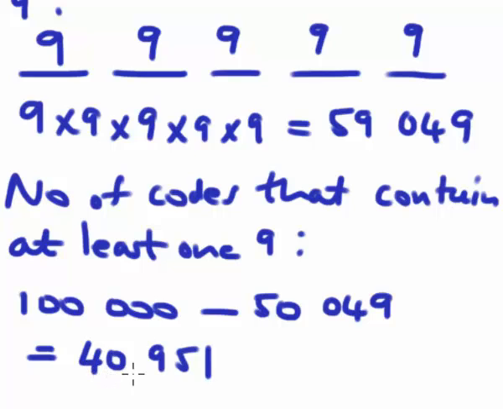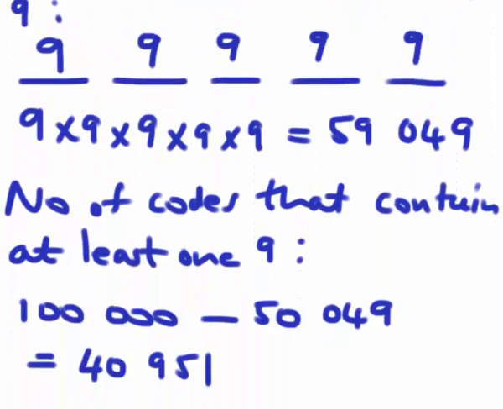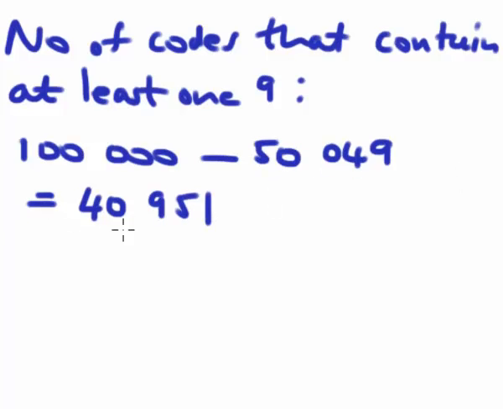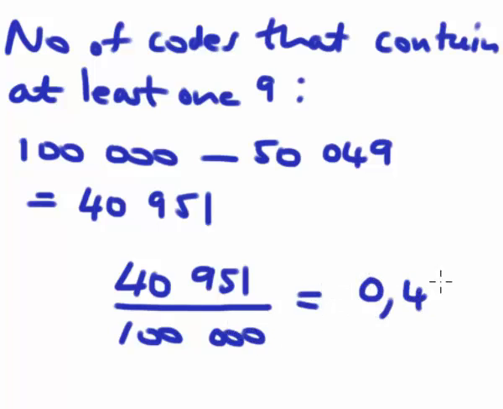There's 40,951 that contain at least one 9. There's 59,049 that do not contain 9 at all, and there's 100,000 PINs in total. So the probability of getting a PIN code with at least one 9 would be 40,951 out of the 100,000 there. That's bringing in probability, and of course if we work that out, it's 0.41.